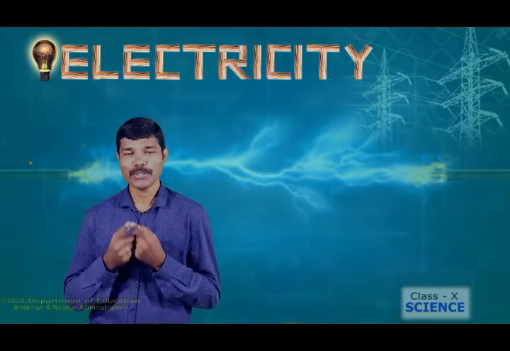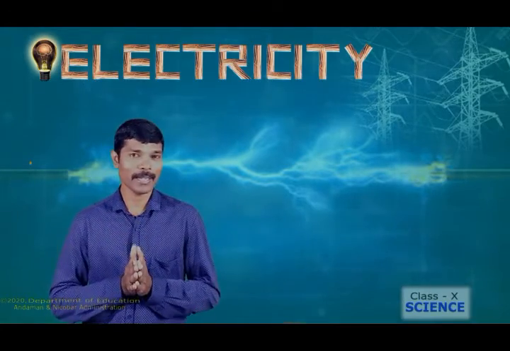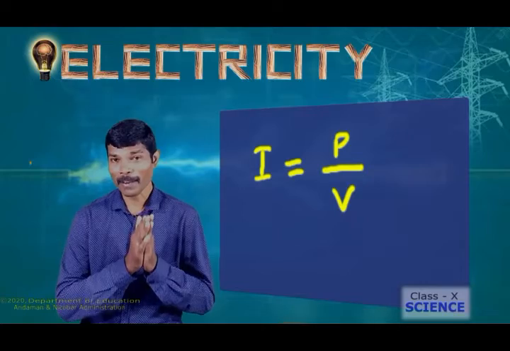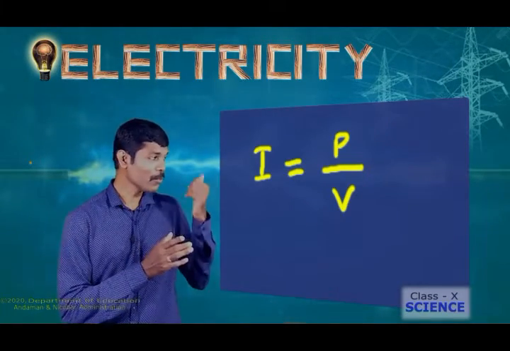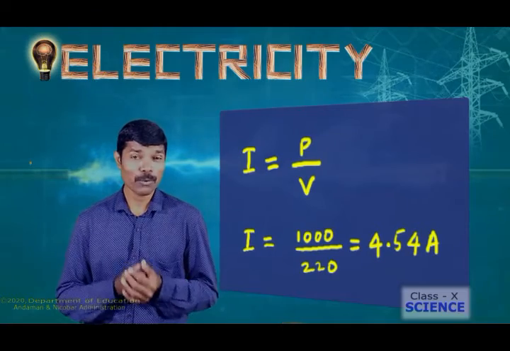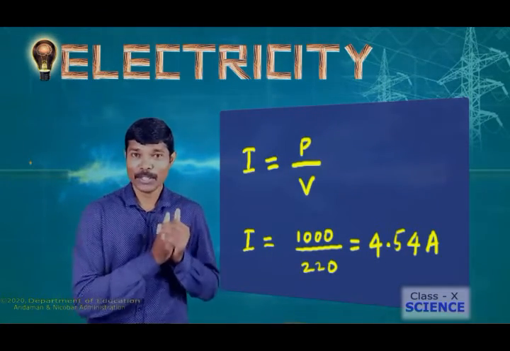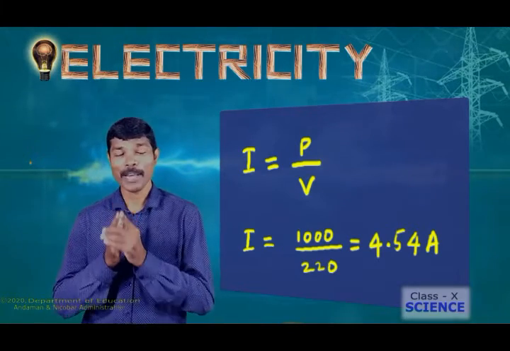To know this, we should know the amount of current that needs to flow in the electric circuit. So, for finding this, we know that I is equal to power divided by potential difference. By substituting the values, we are getting 4.54, right? So, in this case, we need to use the fuse rated at 5 ampere.